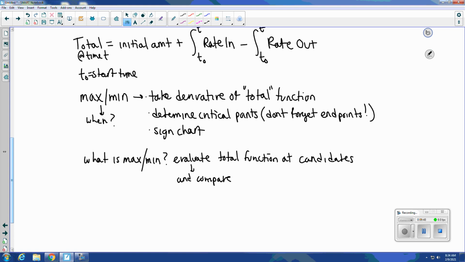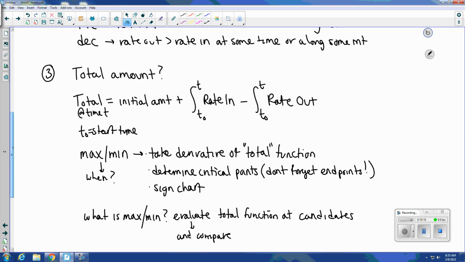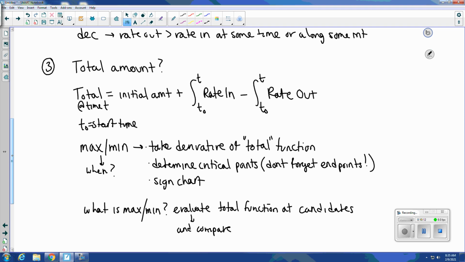But remember, max or min, how do we optimize a function? So optimization, we're going to take the derivative of that thing we're trying to find a max or min for. So don't forget those concepts that we discussed in the derivatives chapter, because that will be integrated within these questions that you'll see. So everything's fair game, all within one question. So understanding how to represent a total amount by doing initial plus the total that went in minus the total that went out.